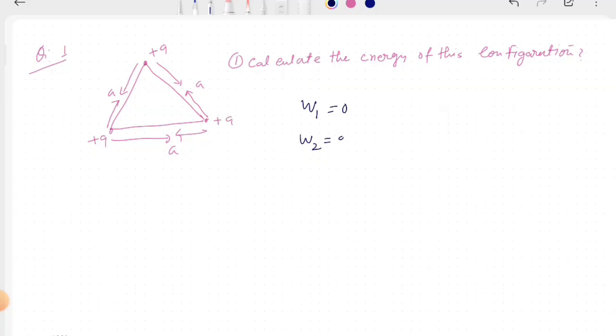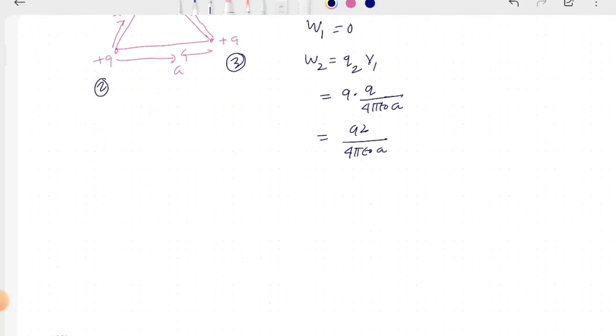W2 is Q2 into V1. Suppose this is charge 1, this is charge 2 and this is charge 3. Q2 is Q, and V1 is Q1 upon 4 pi epsilon naught A, so it is Q square upon 4 pi epsilon naught A.